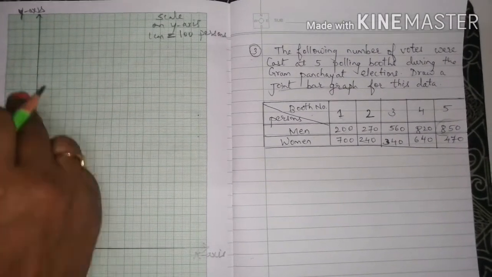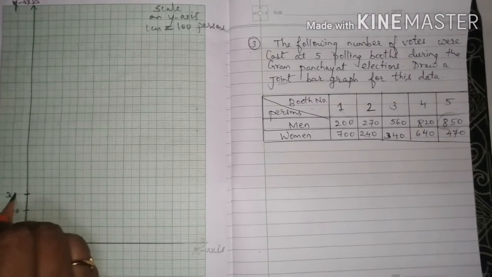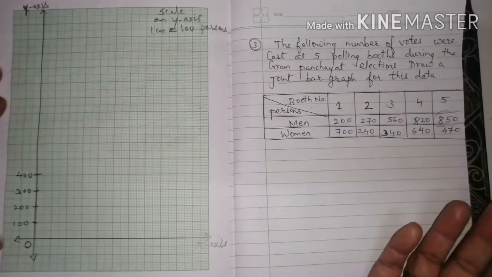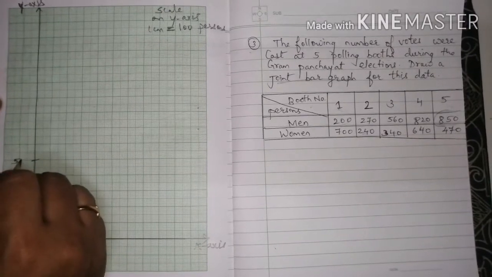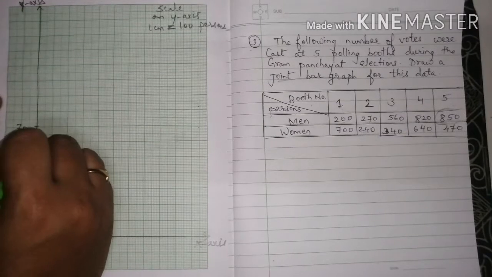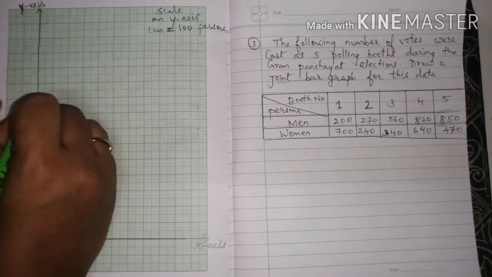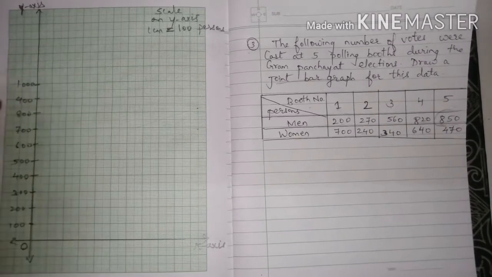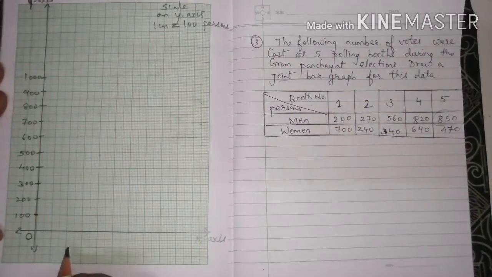You have to go on plus 100. So next box will be 300, 400. Maximum is 850, so till 900 also you can show. 500, 600, 700, 800, 900, and the last one is 1000. Can show extra also.